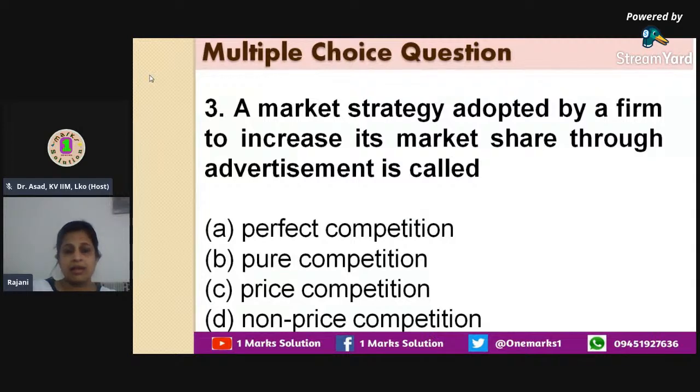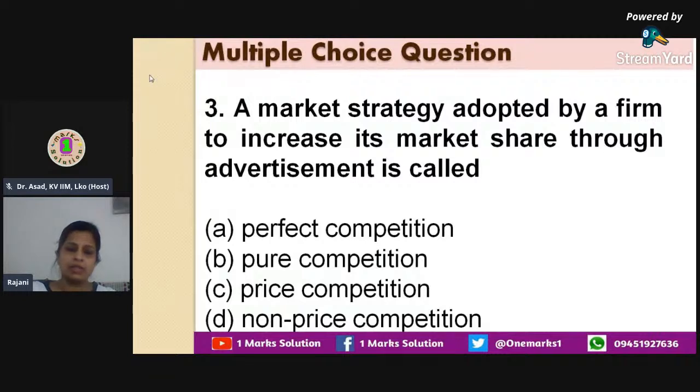The options given are perfect competition. In perfect competition, there is no such strategy because there is no scope for a firm to increase its market through advertisement. How can they? Because all firms are selling the same product.